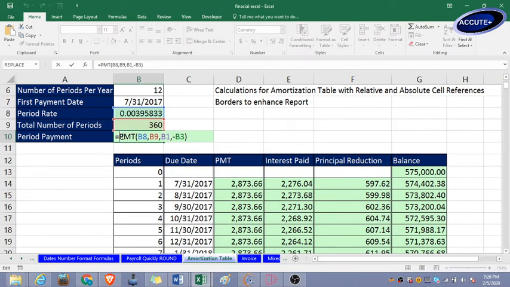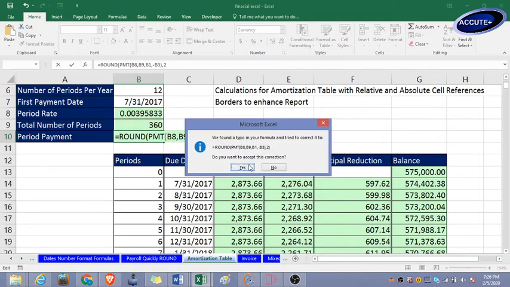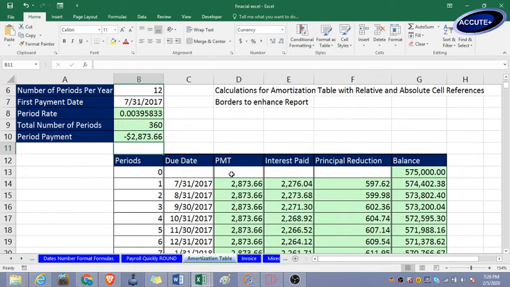So we say ROUND, comma, we want it to round to 2 decimal places. Yes, put that for me. Which means all the PMT data is being rounded off to 2 decimal places.